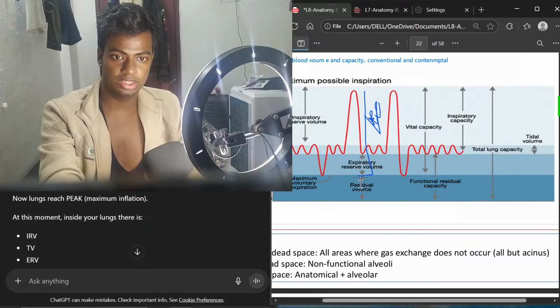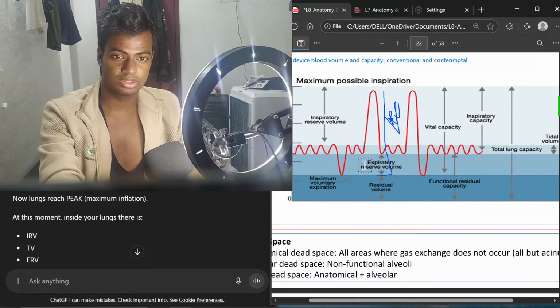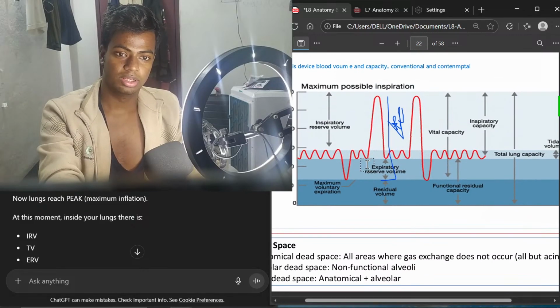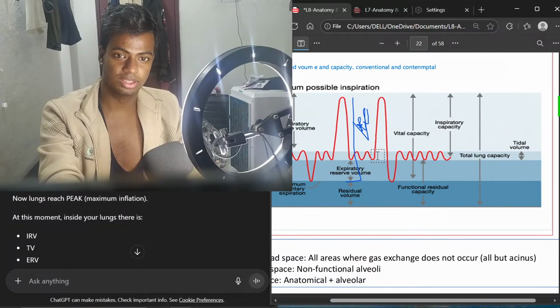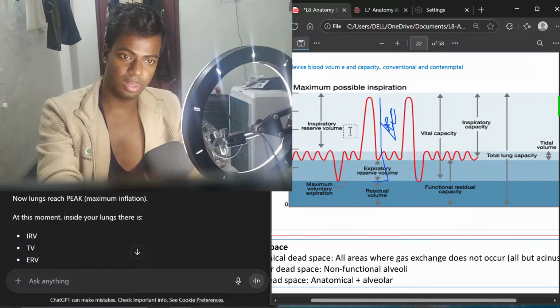Then this is expiratory reserve volume, the maximum volume you can exhale after your normal tidal. And the maximum air you can actually inhale after the normal is inspiratory reserve volume.